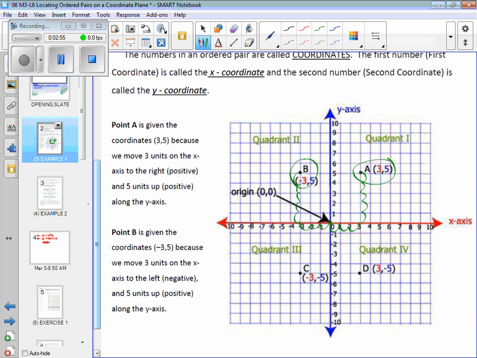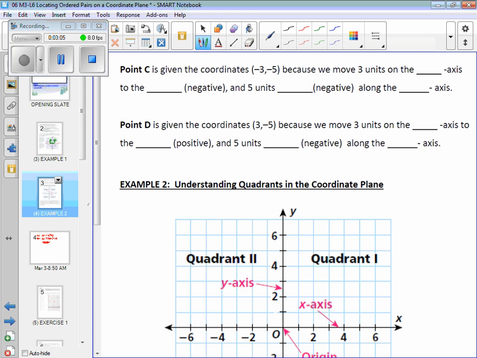Okay? Now, if you go to the next page, unfortunately, I couldn't get all the example points on the same page. So go to the next page, and they want you to fill in the blanks with the correct words. So point C from the previous page, because you have to kind of flip back and forth. Point C is -3, 5. So I have to move 3 units on what axis?